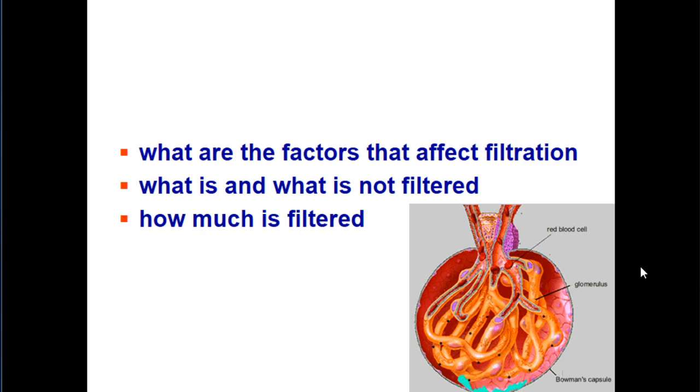So to understand filtration, you need to know what are the factors which affect filtration, then what is filtered and what is not, and how much is filtered. So let's discuss these points.